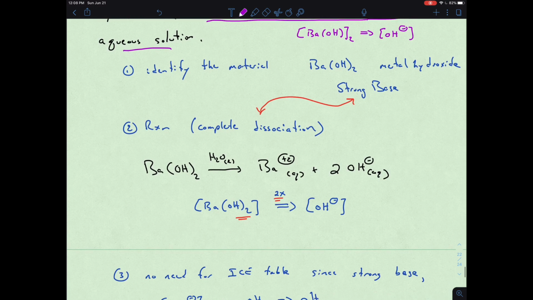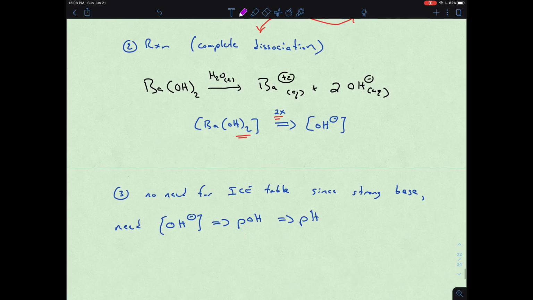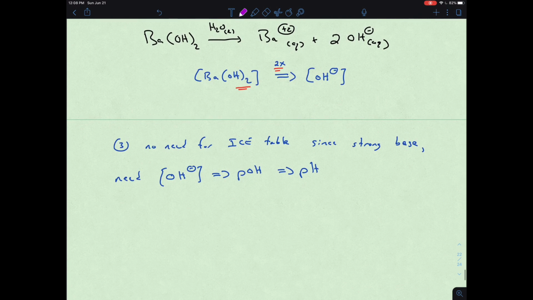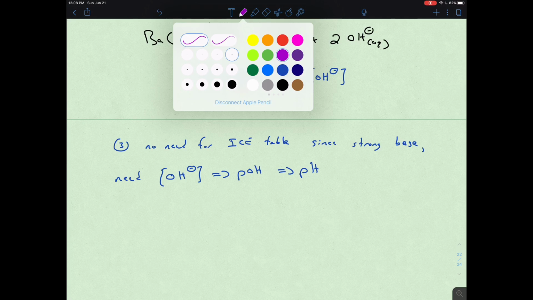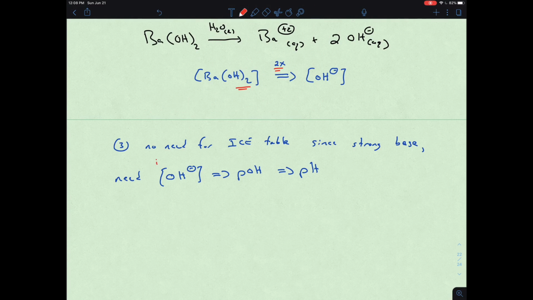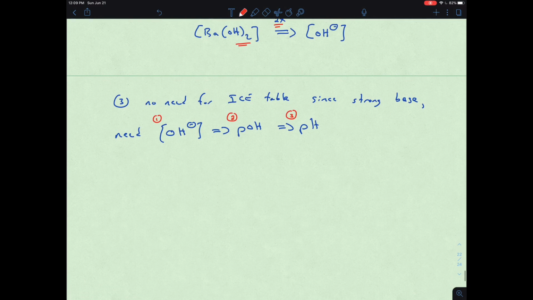So those are kind of the steps that we want to do, shown here with step 1 getting at our hydroxide concentration, step 2 getting at our pOH, and then step 3 getting to the pH.